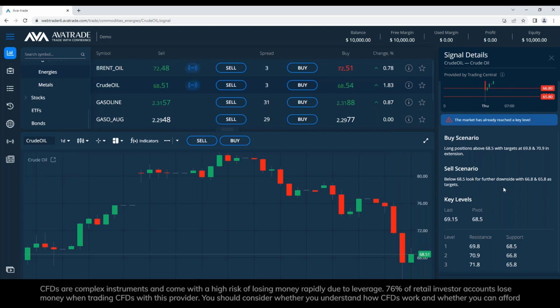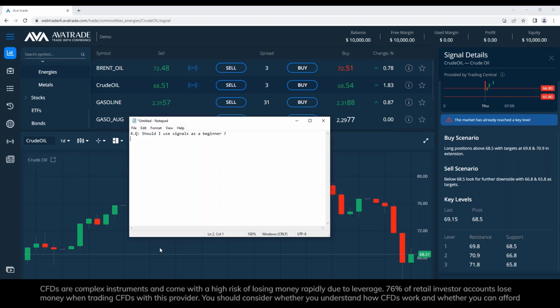Okay, so signals, guys, let me clarify something. Signals are great, but require to know how to use them.